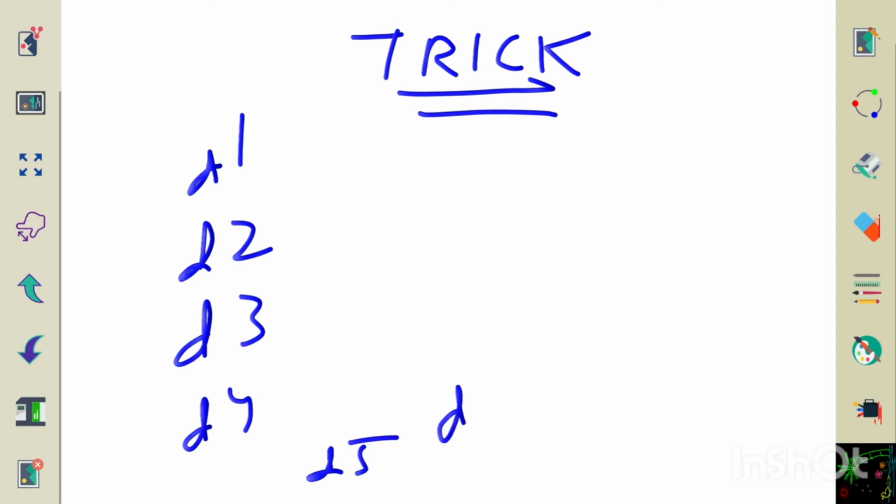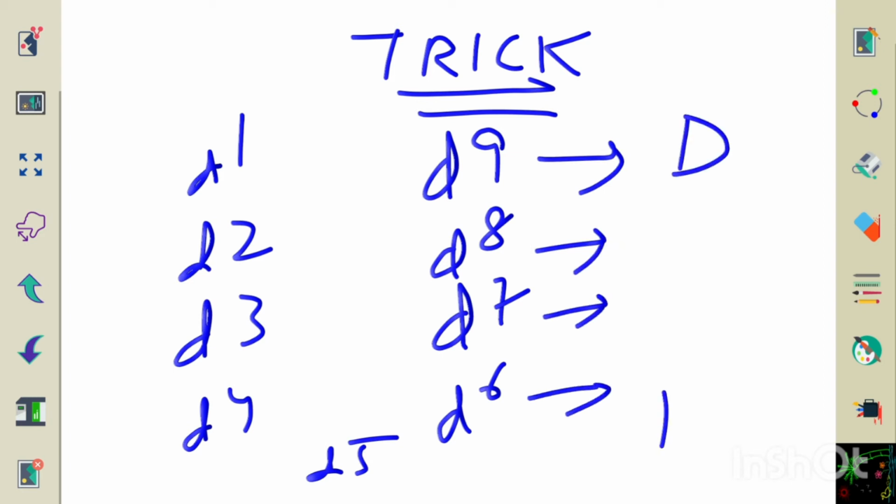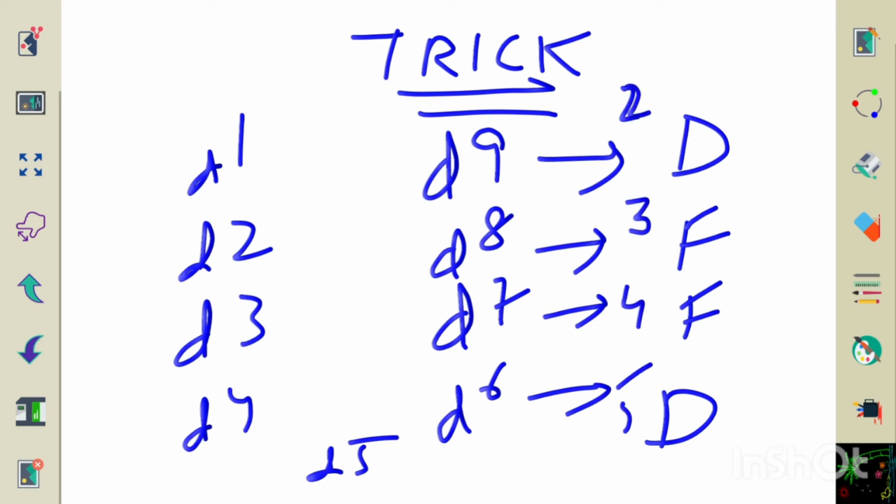Then write D6, D7, D8 and D9. Now in front of it, write D above and D below, and in between write F and F, and start from the values 2, 3, 4 and 5.